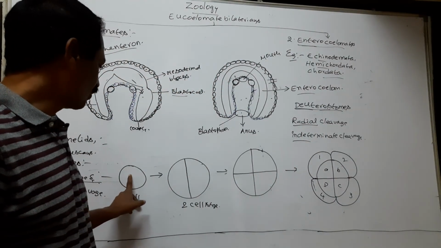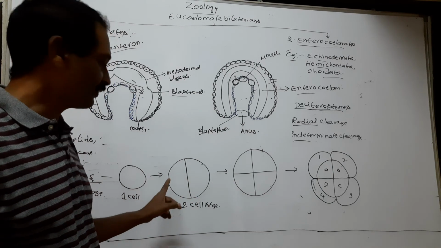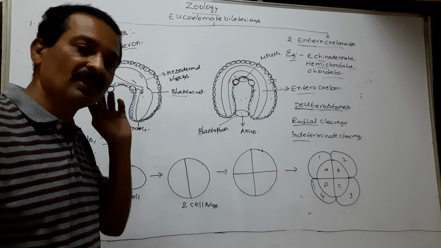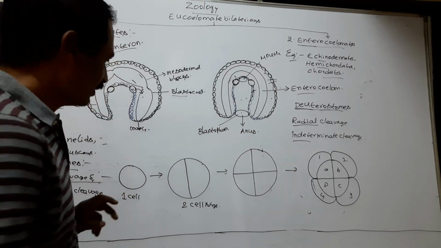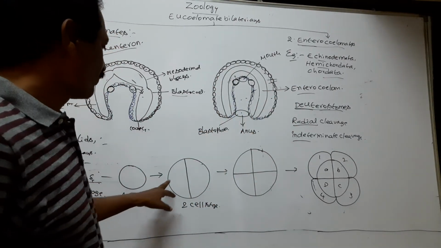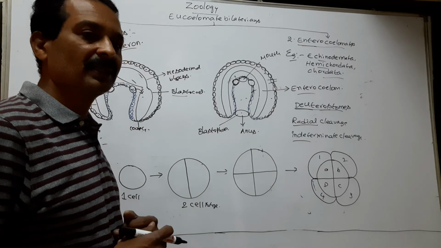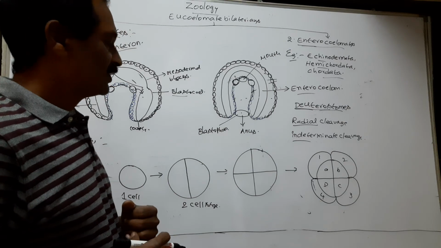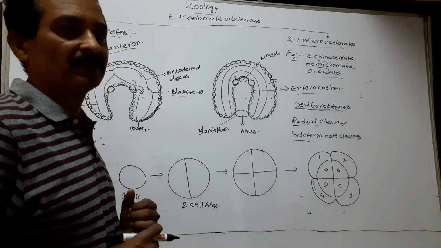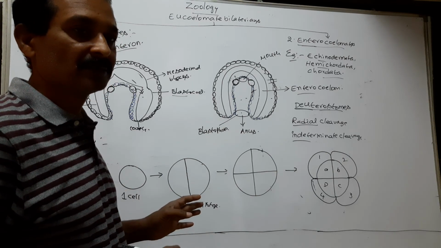This zygote undergoes cleavage to form two cells. Cells in the zygote are called blastomeres. In the deuterostomes, the two blastomeres of the zygote do not separate generally.